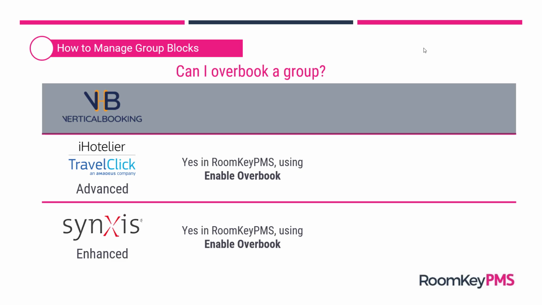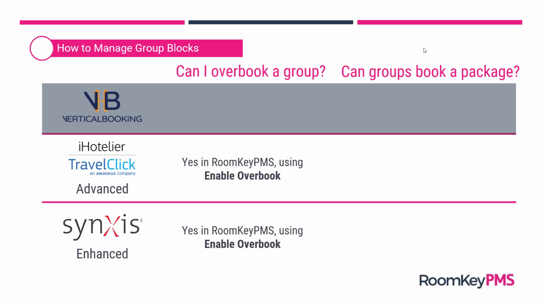The last question that I wanted to cover here today is a question that we do get when we talk about packages and groups together: can groups be booked with a package? So we did talk about how packages may be set up and integrated with these two connectivity partners already today.